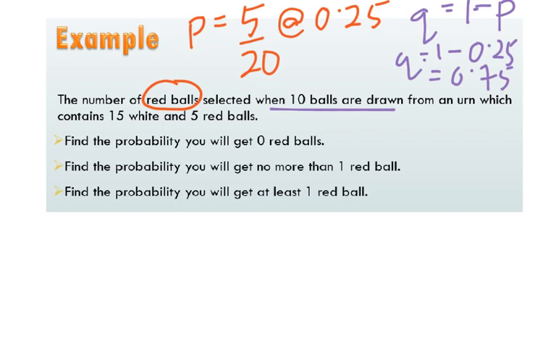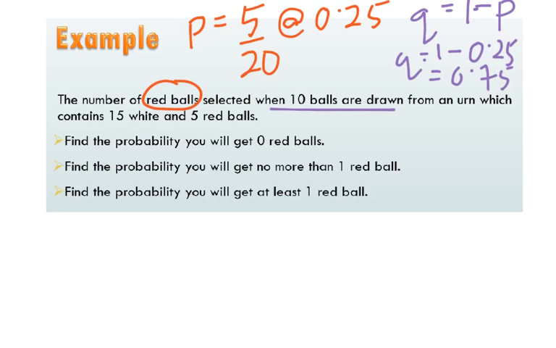Or the same thing, the probability of the white ball: we have 15 white balls over 20 balls overall, so 15 over 20, which is 3 over 4, or also 0.75. So that is our P and Q.